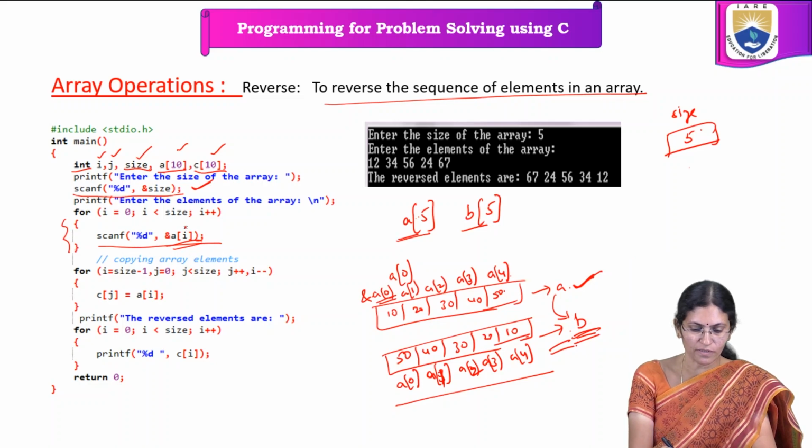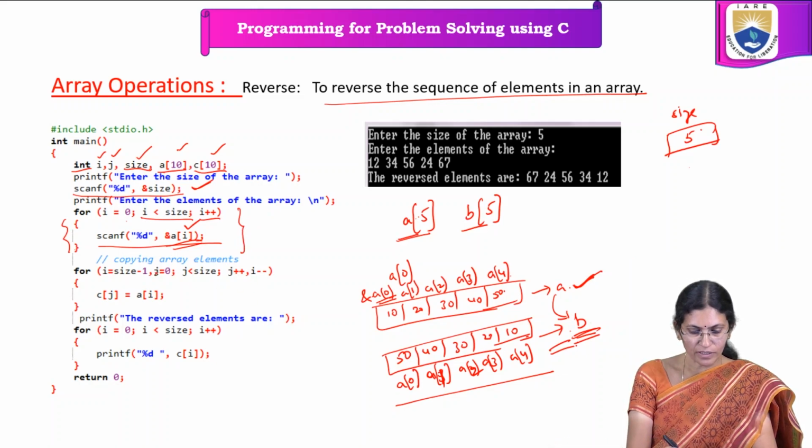In order to loop through this, I will vary from 0 to 4, since the maximum elements which can be entered into the array are 5. The next condition specified is I less than size, and then the updation expression I plus plus. So this loop will read the elements into the array.